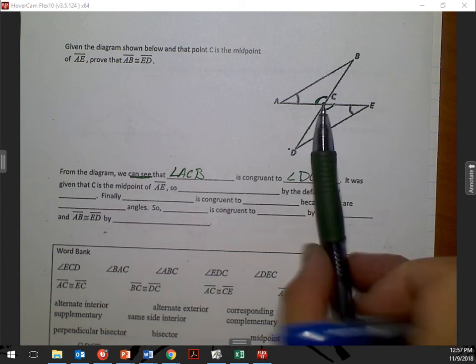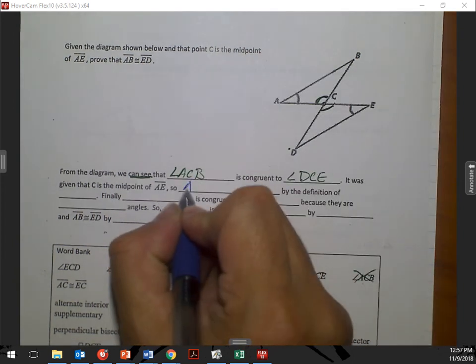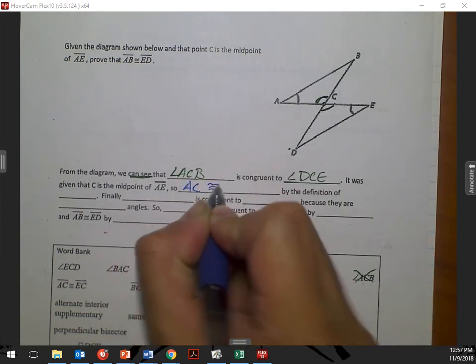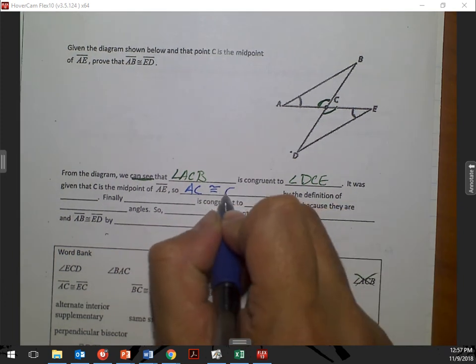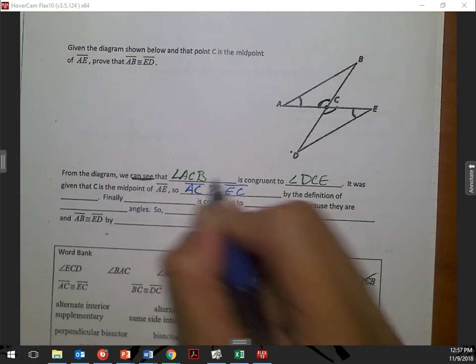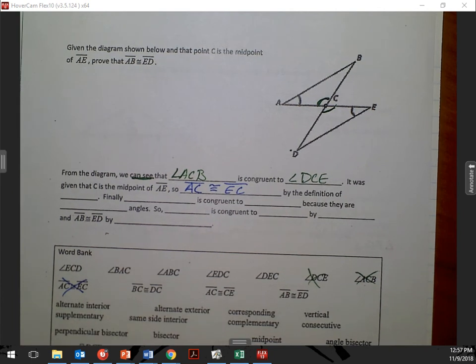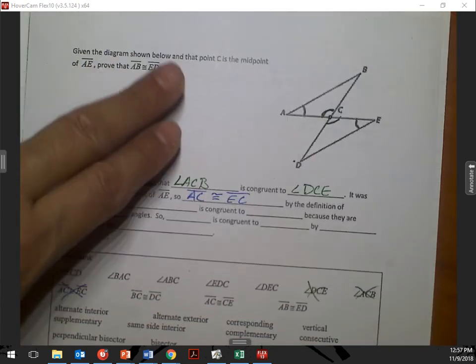AC is congruent to CE, or EC. Yeah, there we go, because it's right here. Okay, so now everyone could answer again.